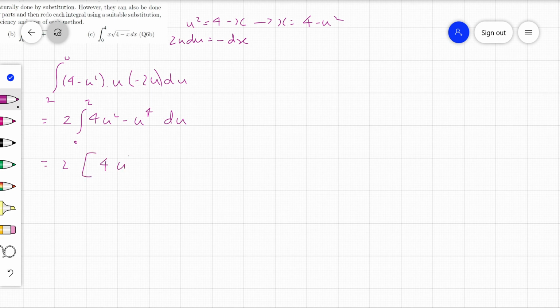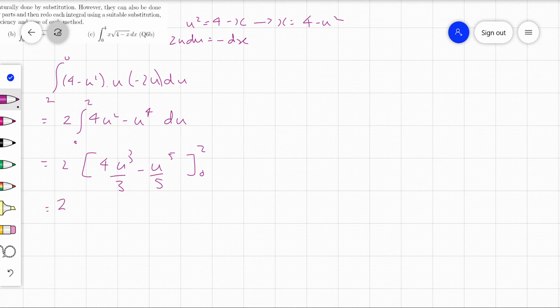So 4u cubed on 3 when we integrate, and u to the 5 on 5 between 0 and 2. Now you can see that when I sub in 0, I'm going to get 0. So all I'm worried about is subbing in the 2. You can also see that I could factorize by u squared, which is 2 squared, which is 4. So we could actually do that as well. Whether to do that now or not, I don't know.